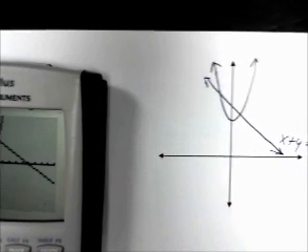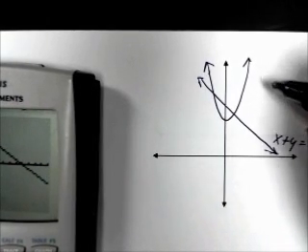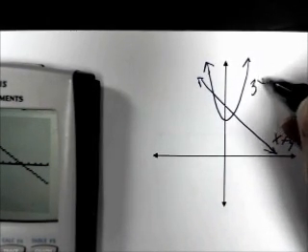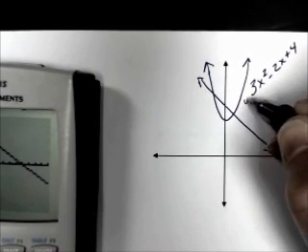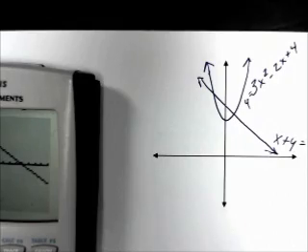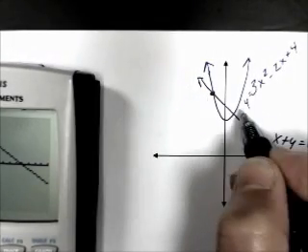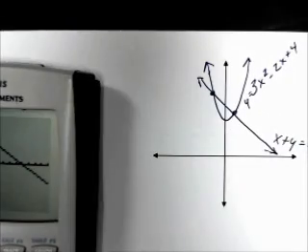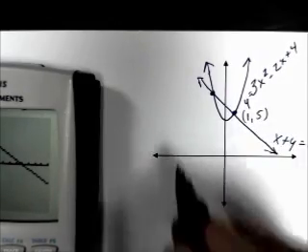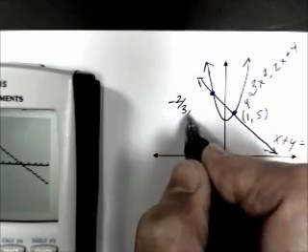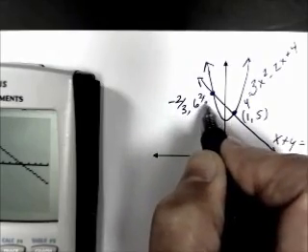We have x plus y equals 6, and our parabola 3x squared minus 2x plus 4 is equal to y. Note our points of intersection: 1, 5 and negative 2/3 and 6 2/3.